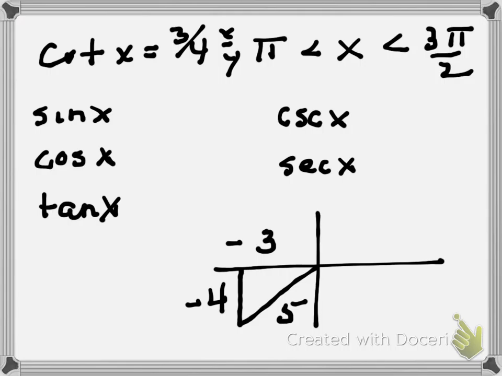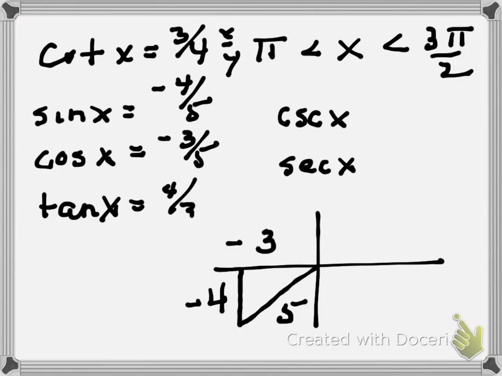And the sine is equal to y over r. The cosine is x over r. Tangent is reciprocal of cotangent, 4 over 3, or negative 4 over negative 3 simplified. The cosecant, now even though I know that the r value is not the one that's negative, I usually put the negative in the numerator, either in front of the fraction or in the numerator, but we very seldom leave it as 5 over negative 4.